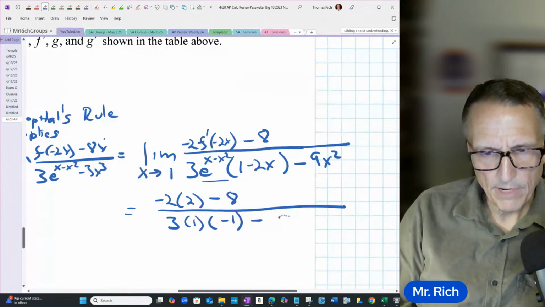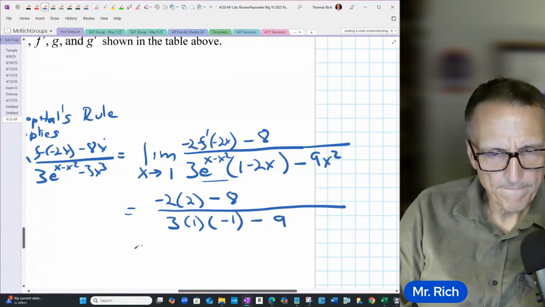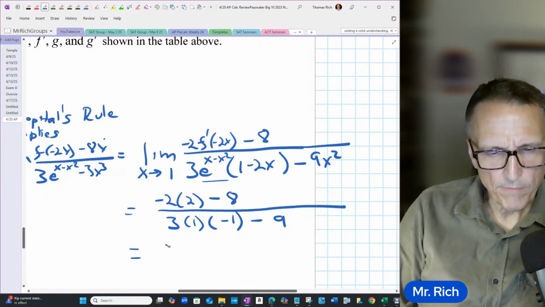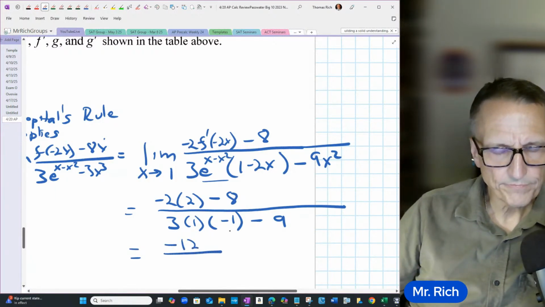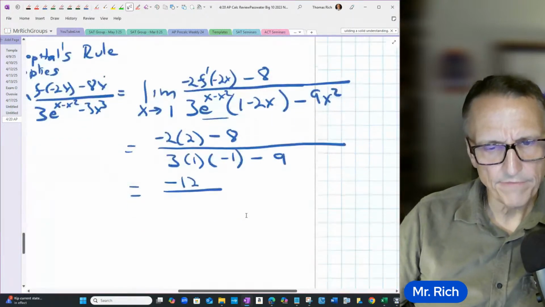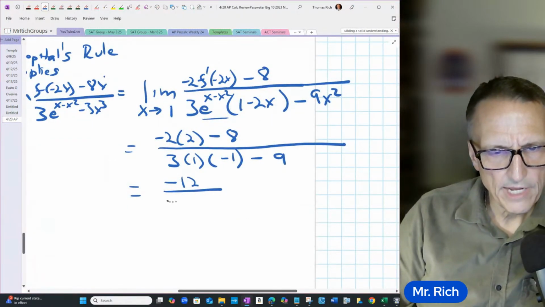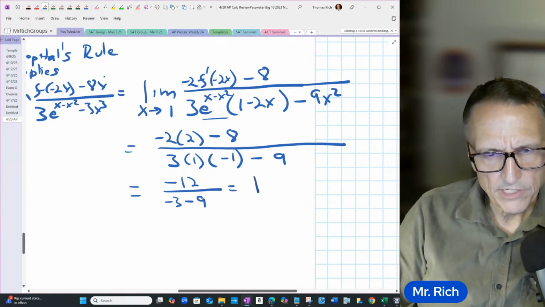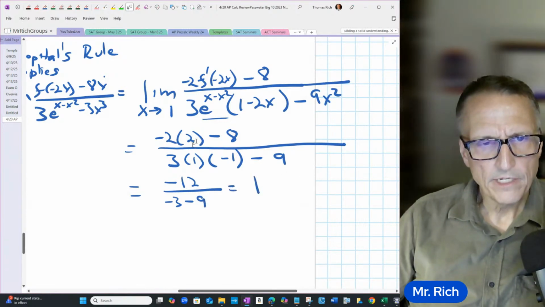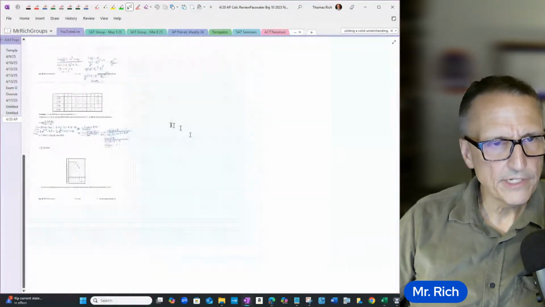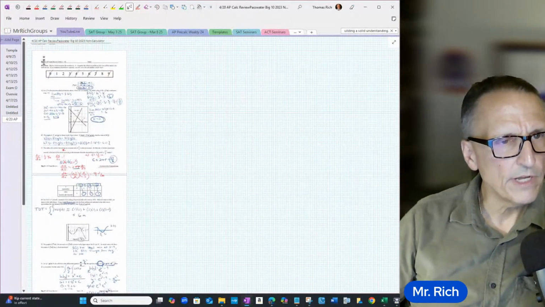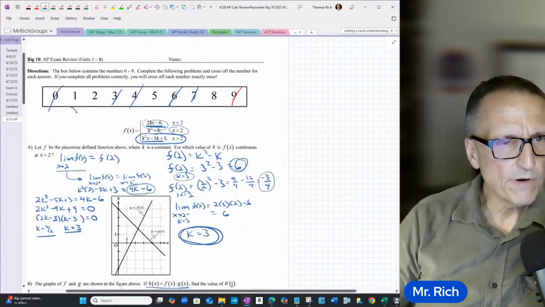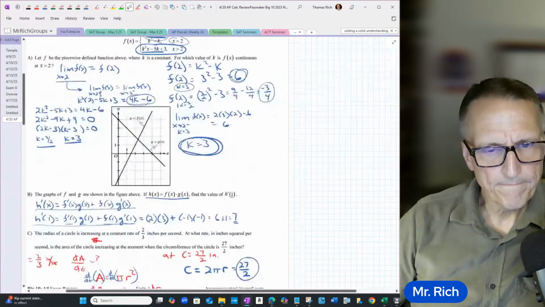This is going to be minus 9. Negative 4 minus 8 is negative 12. I hope this works out. This is negative 3 minus 9. I think it's going to work out. That's a positive 1 is going to be my answer. And I don't think that's a number we've used. I hope it's not. It is not. So far, so good.